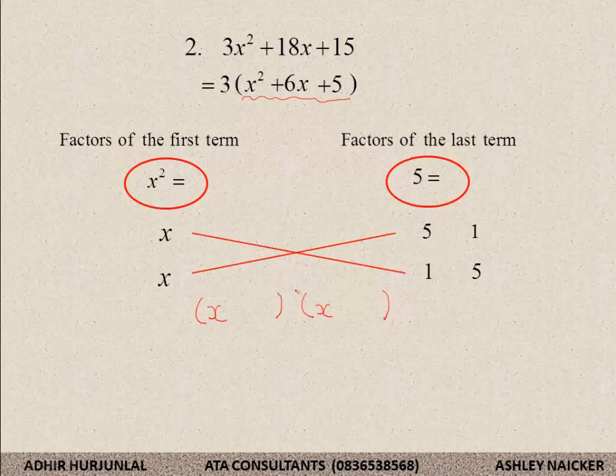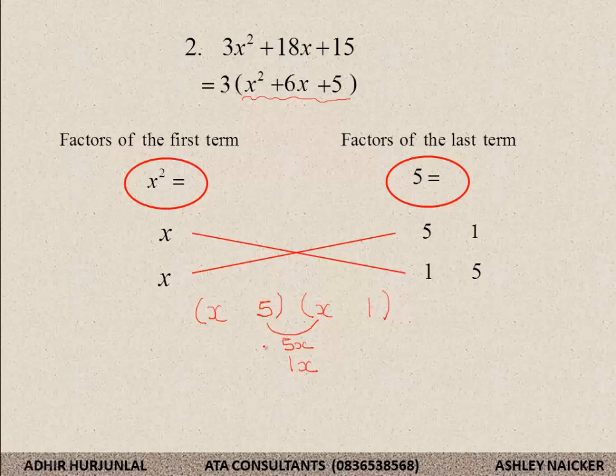I know the factors of 5, very simple, is 5 multiplied by 1. Watch what I do. 5 times x is 5x. X multiplied by 1 is 1x. Now my question to you is, by either adding or subtracting this, can I get to the middle term here, which is 6x? Yes, I can. Which means my factors are correct.